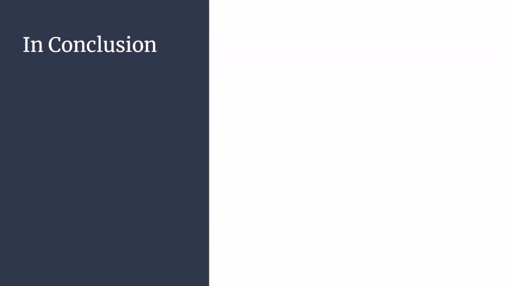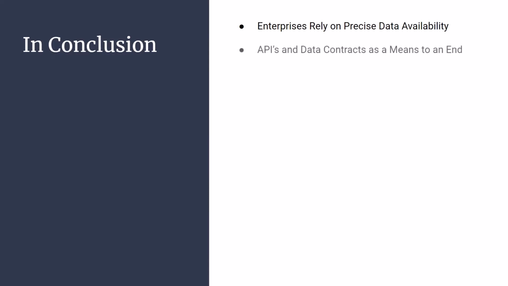So, thank you for bearing with me up to this point. I would like to conclude this session with a quick review of what we've seen in this webinar. We began with the observation that many enterprises today are relying on precise data availability. Then, we discussed how application programming interfaces, together with data contracts, can serve as a means to achieving this goal.